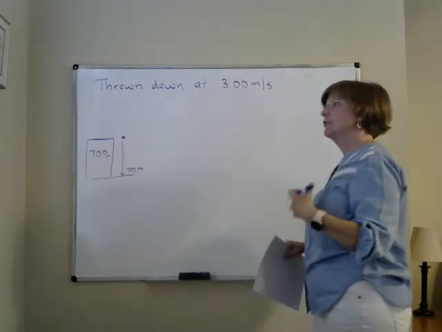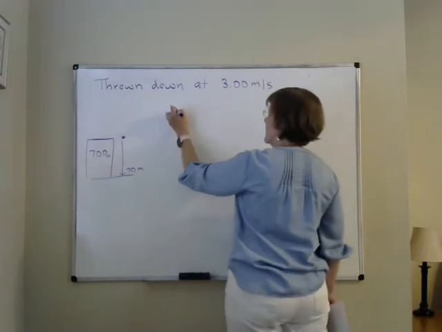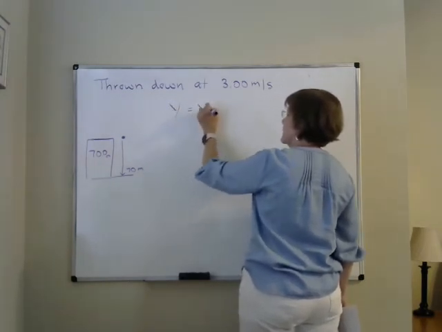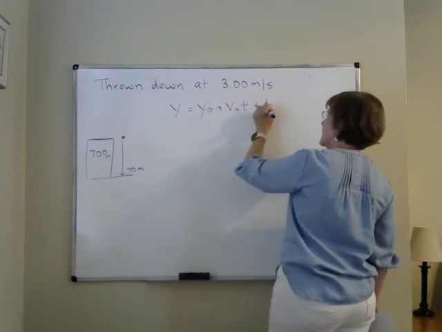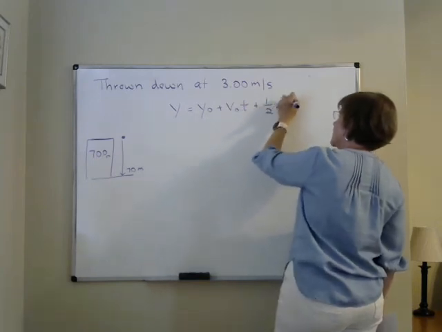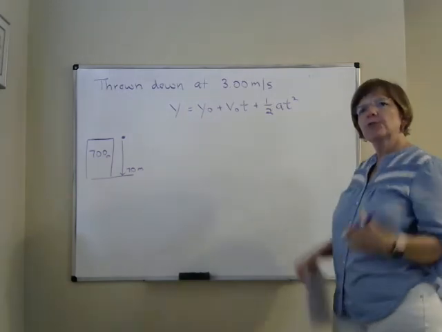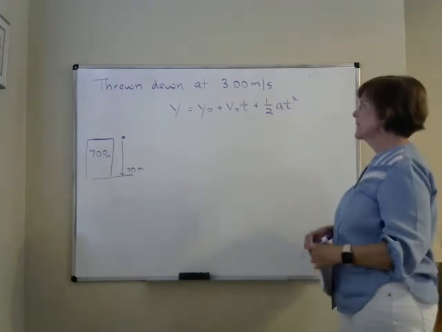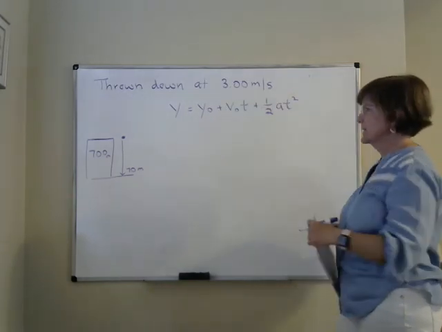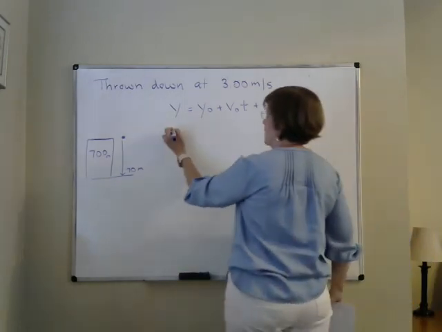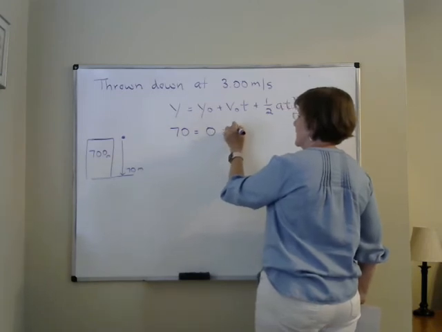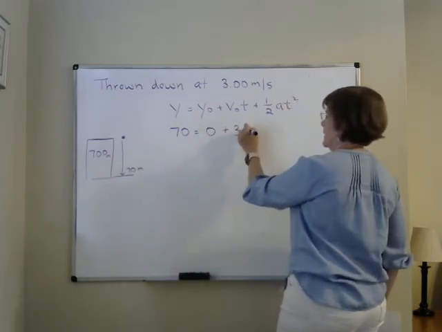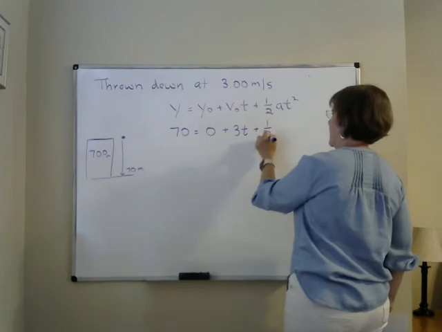That's going to change our equation. We have y equals y0 plus v0t plus 1/2 at squared. If we continue to treat down as positive, then this will be a positive velocity. So we want to find out when it's going to hit 70. This was 0. This was 3.